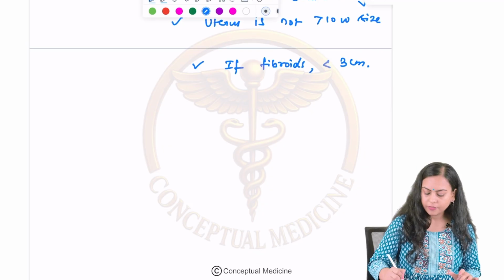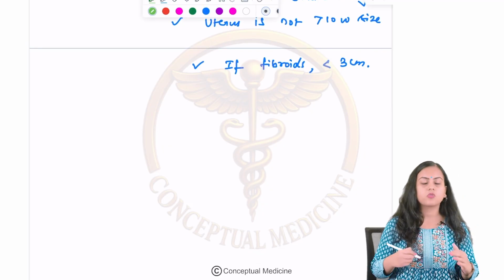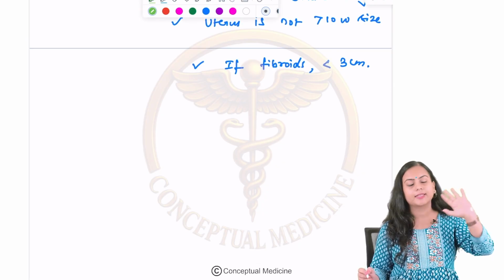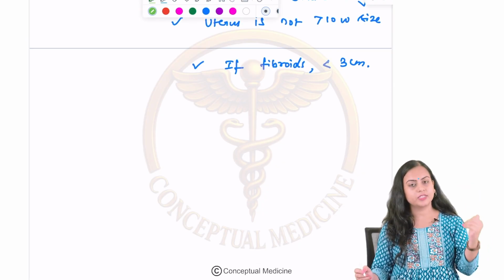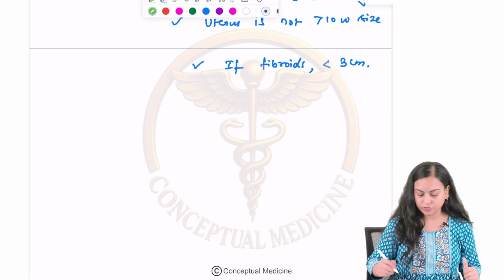Okay. Now we have so many methods of endometrial ablation, and they are actually classified into first generation and second generation procedures. Okay.